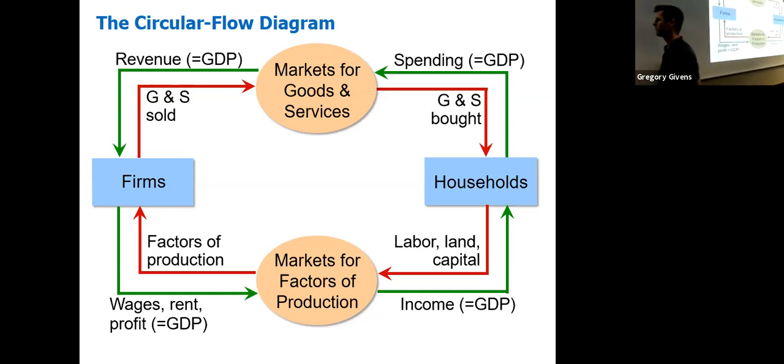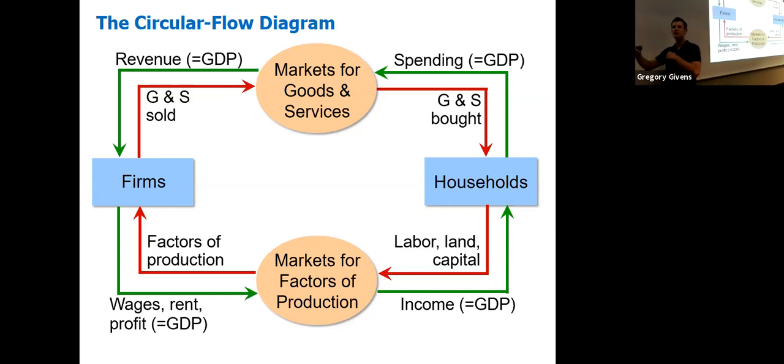Okay, now the reason why I wanted to show you this picture is because I think it's very intuitive how to visualize gross domestic product in our economy. GDP is this continual flow of dollars from households to firms in the form of total expenditures, right, on goods and services, but it's also matched by the flow of dollars from firms back to households in terms of income or payments to factors of production.